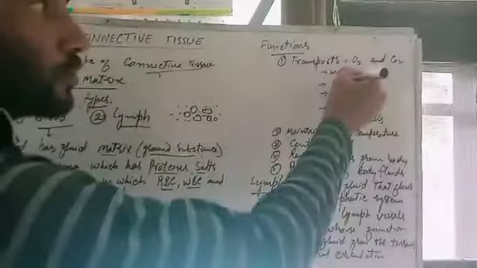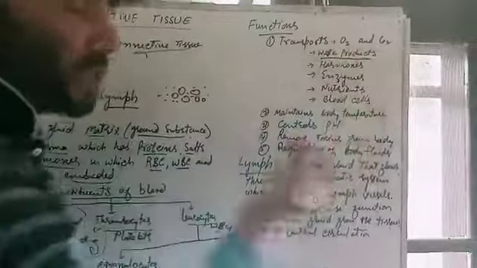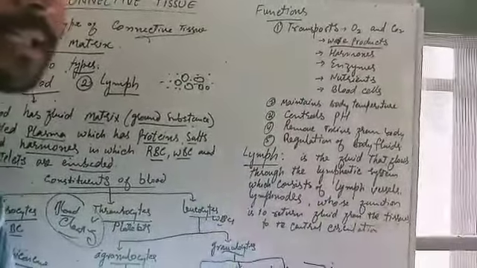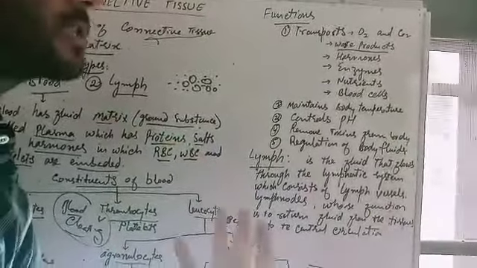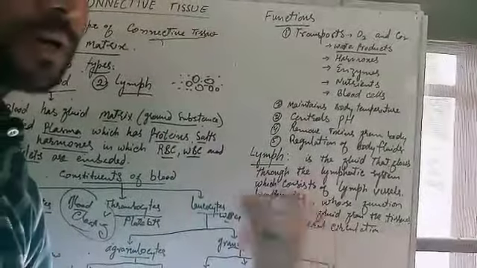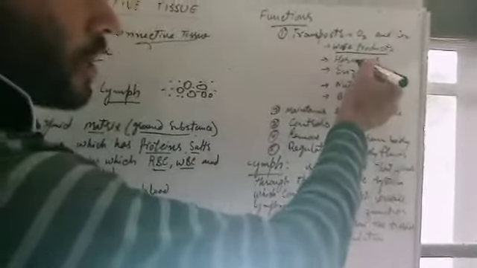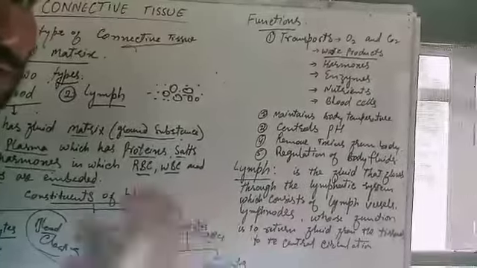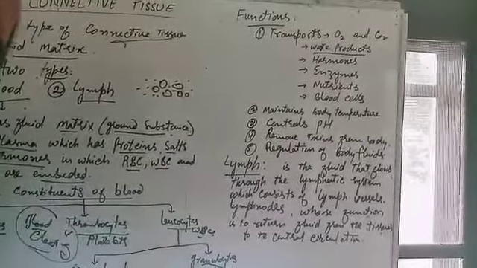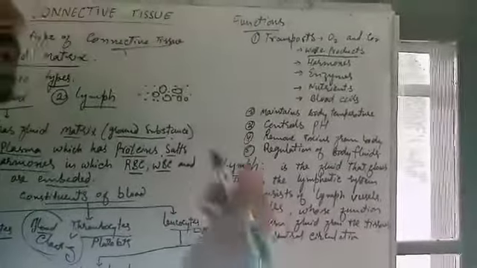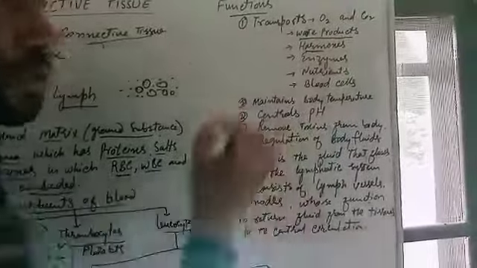Number two, transport of waste products. Waste products are produced in our body and should be removed, and they are transported from our body to the outside with the help of blood. Then transport of hormones. Our body forms hormones, and these hormones have to act far away from the place of their formation, so blood helps in the transport of hormones also.